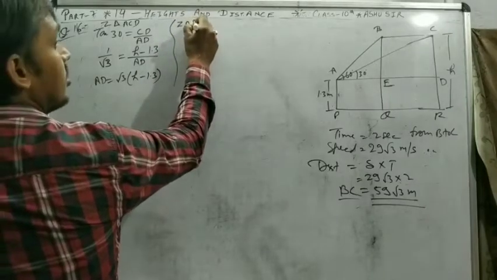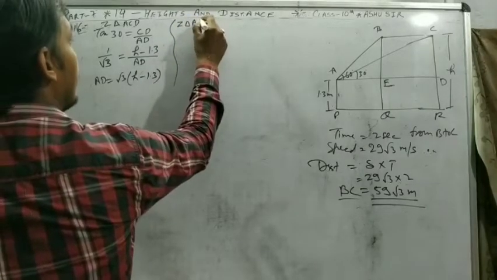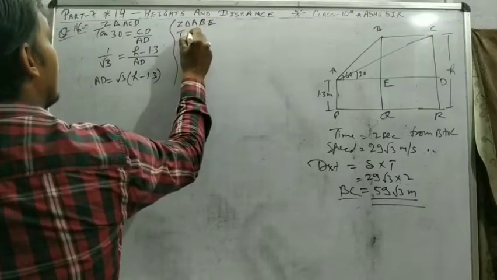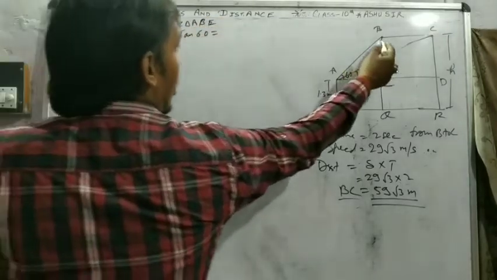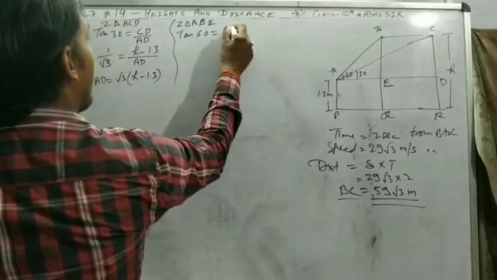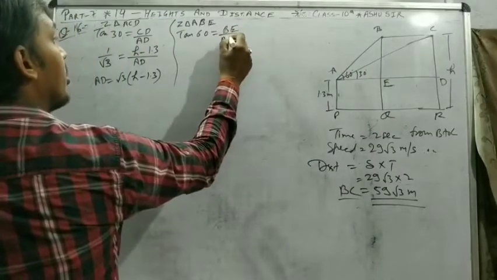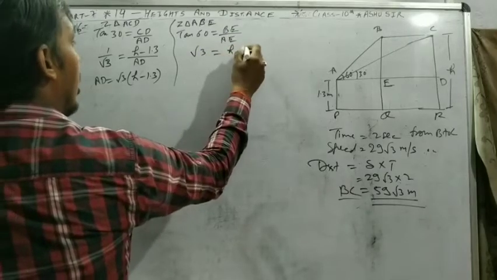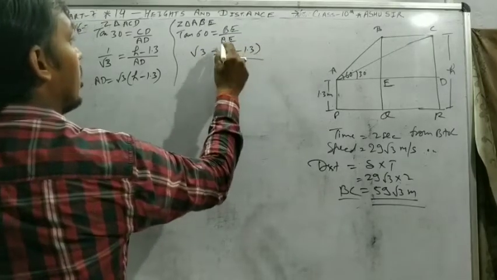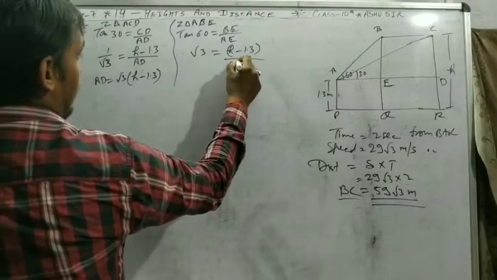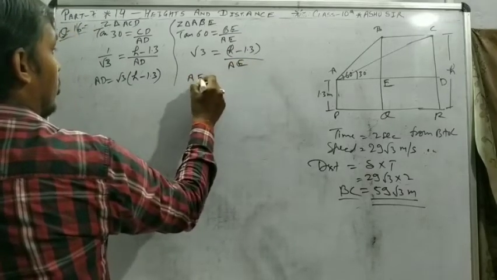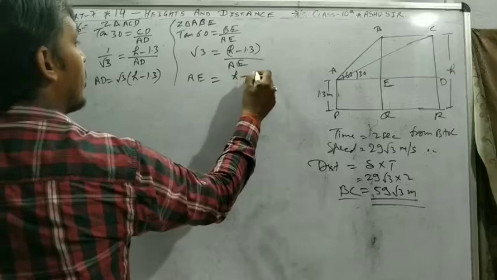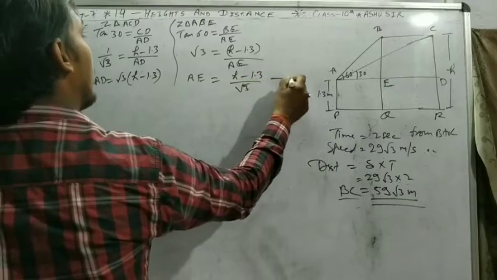Second triangle ABE: tan 60, BE upon AE is √3, that is H minus 1.3 upon AE. So AE is equal to (H minus 1.3) upon √3.